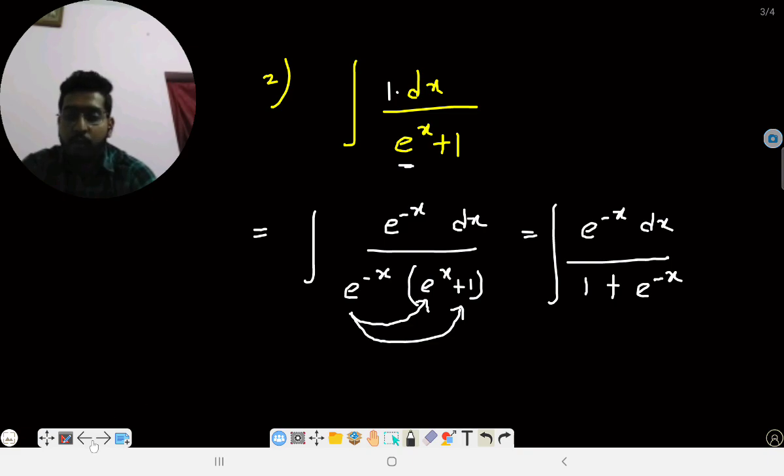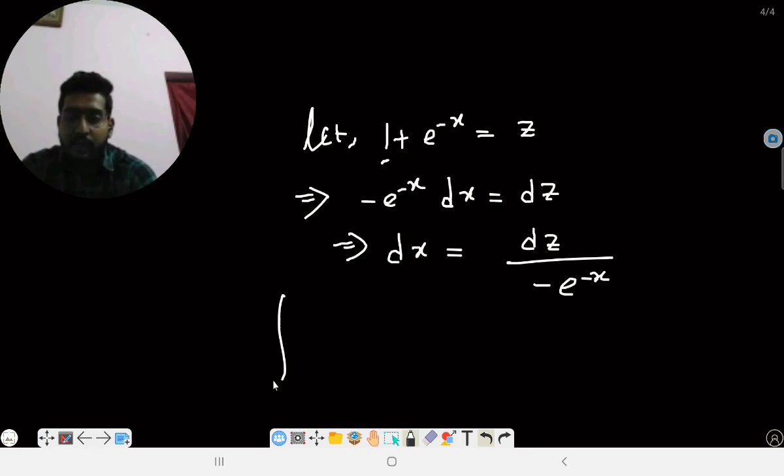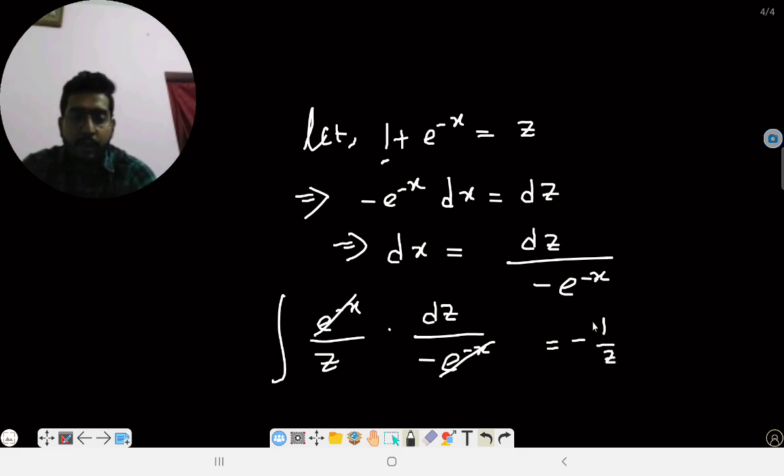If I put the value here, it will become integration of e to the power minus x by z, and dx, what is the dx here? Dz by minus e to the power minus x. So minus e to the power minus x will be cancelled out. So that will be minus 1 by z, integration of this one dz. Now integration of 1 by z, what is integration of 1 by z?